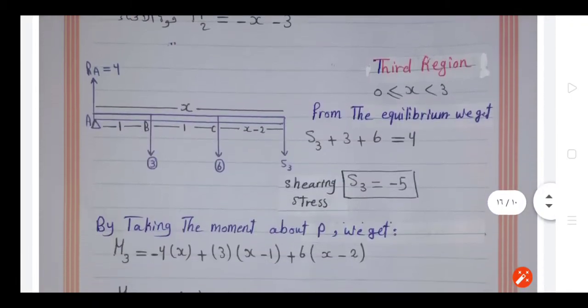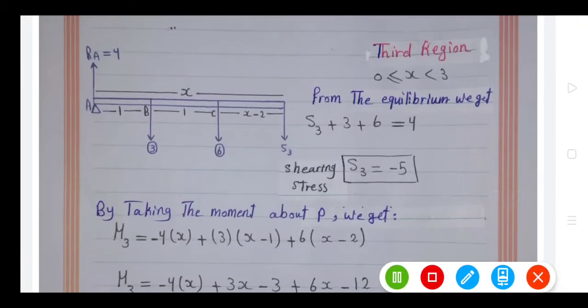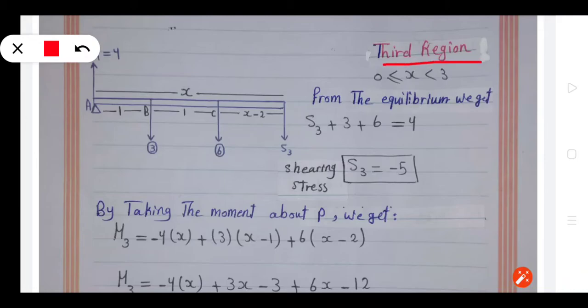To study the third region, we have RA and 3 and 6. That's point B, before supporting point D. Now, from B to the fixed point A the distance is x. This part is 1 and this part length is 1.